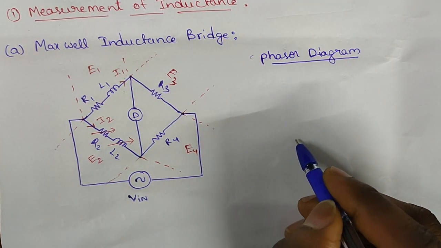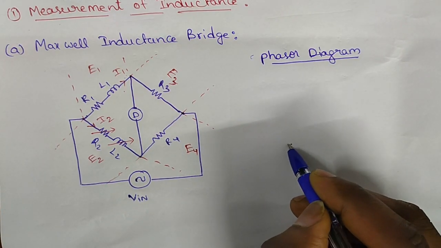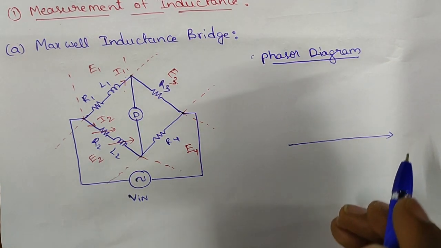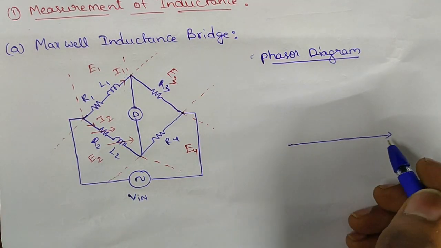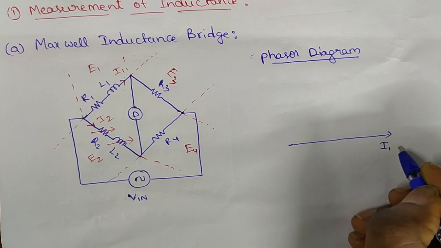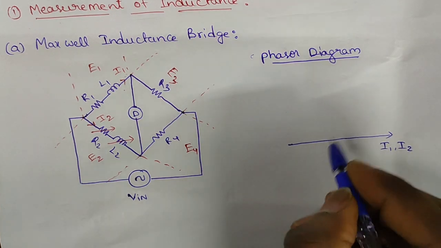Same phase means they will be operating at the same frequency. These phasor diagrams are drawn on the basis of the same frequency. There is no phase shift.